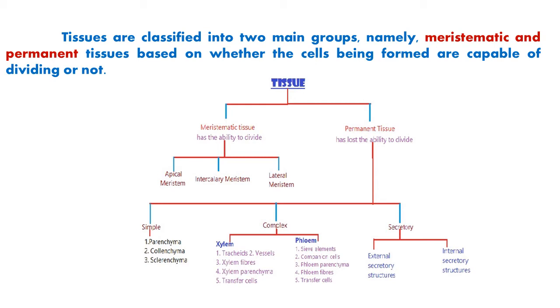There are 2 types: external secretory structure and internal secretory structure.